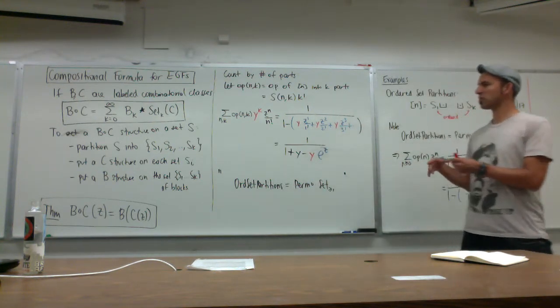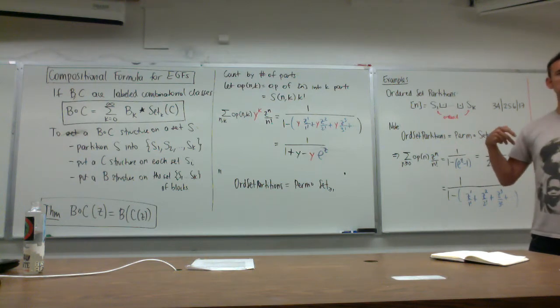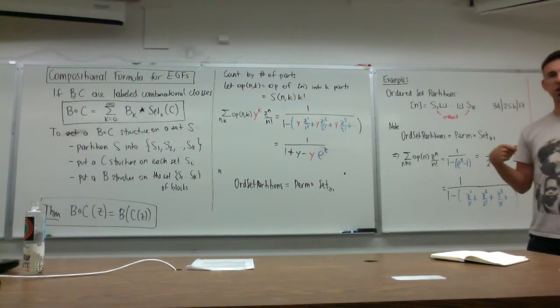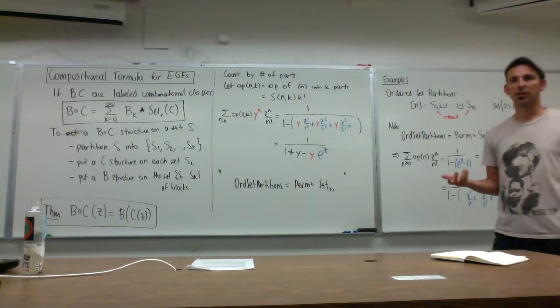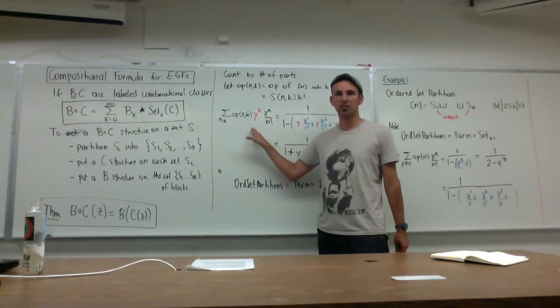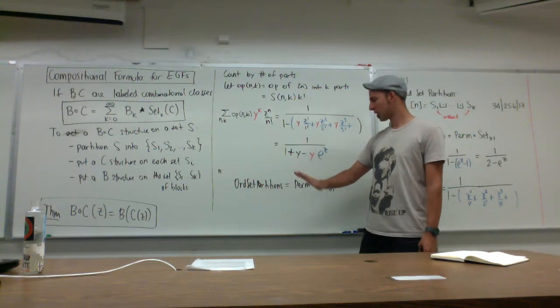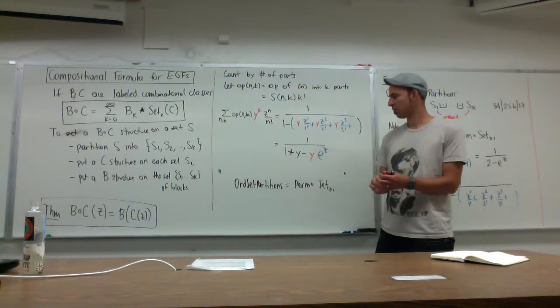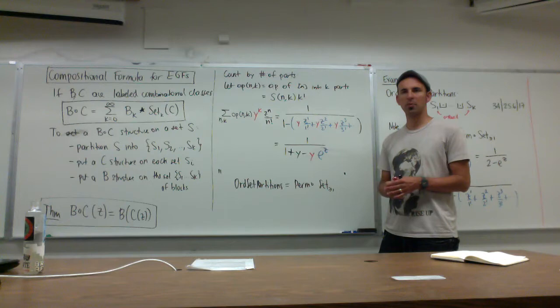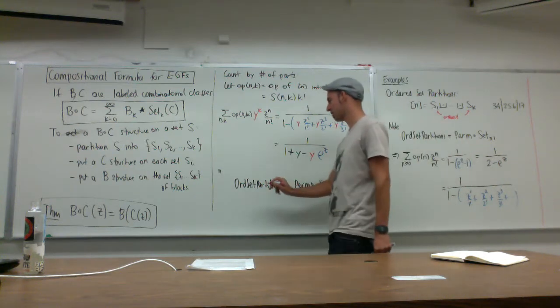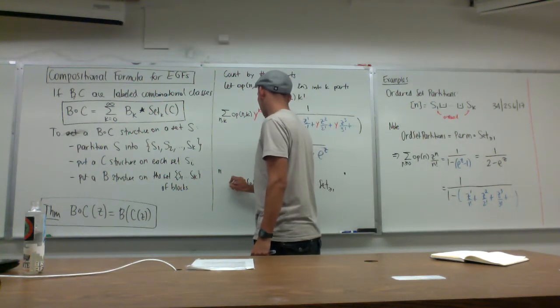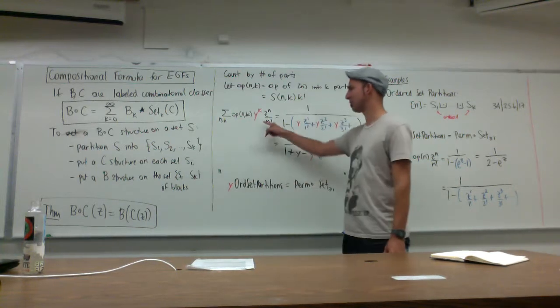But I guess one reason that I wanted to show you this is that sometimes you're interested not only in counting objects, but in counting them with a weight. Like in this case, my weight is y to the number of parts. And the point that I want to make is that often you can just feed this into here by considering these kind of weighted combinatorial classes. And so I might call these y-ordered set partitions, the ones that come with this weight.